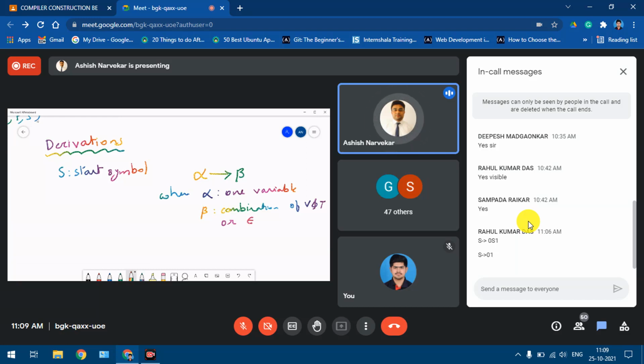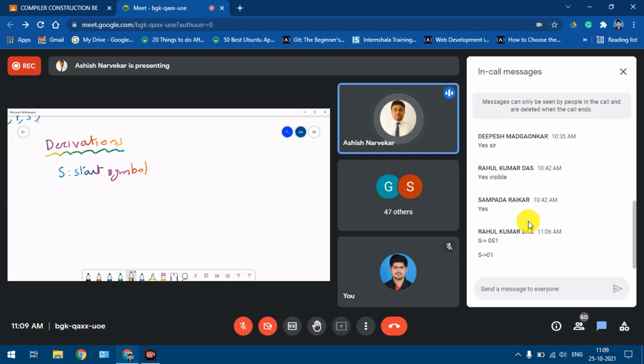So when I'm saying combination of V and T, it could have a sequence of variables followed by terminals, or terminals followed by variables, or it could also be just an epsilon. So this is the basic thing that is required to be clearly understood. Okay. So having understood that, we'll go back to derivations.